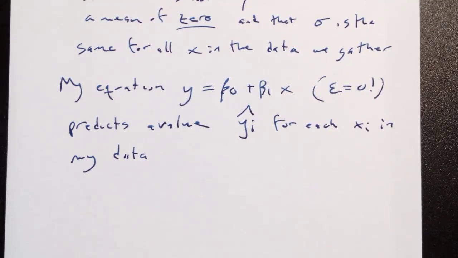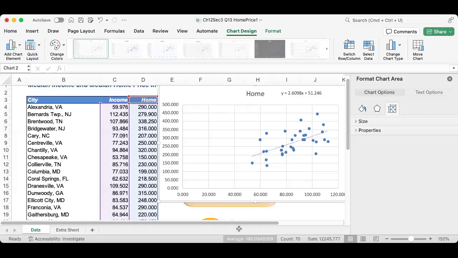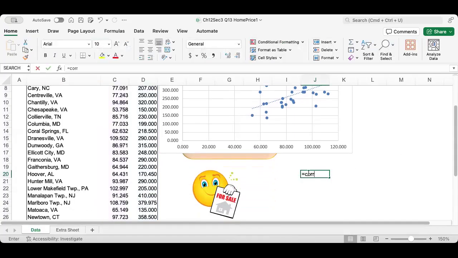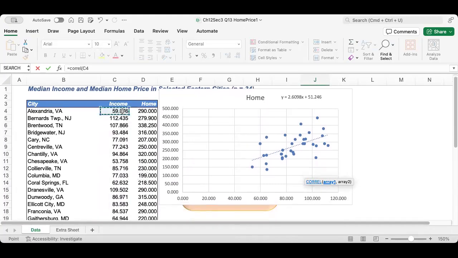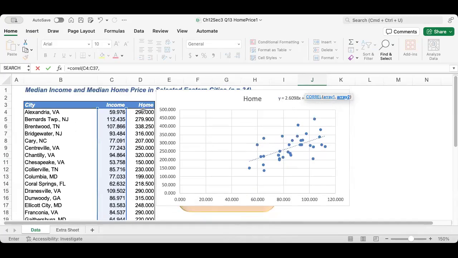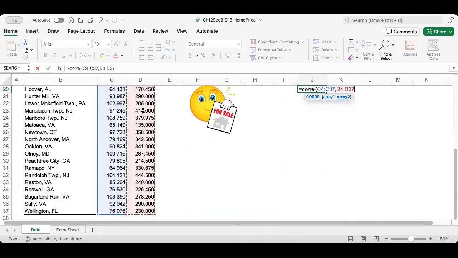Let me go back to the example we were just looking at. I could ask how this correlates, right? I could look at my correlation number. So I could, over here somewhere, do the correlation between income and home price.